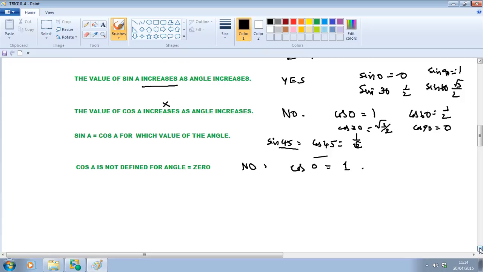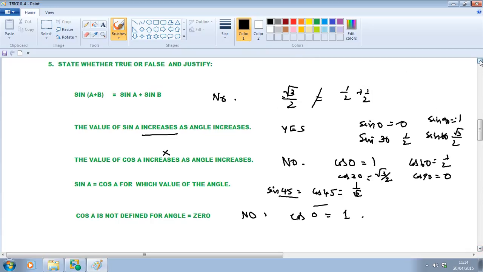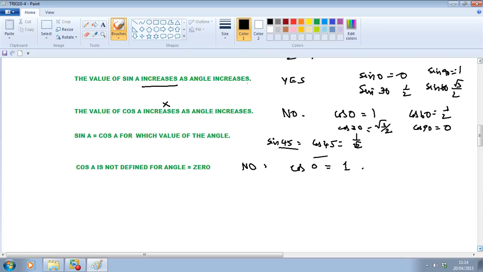So in this we have seen some of the values and how exactly we can analyze a trigonometric problem. So at least for the first few classes, you prepare a table: 30 degree, 45 degree, 60 degree, 90 degree.